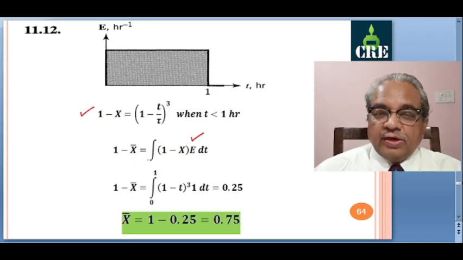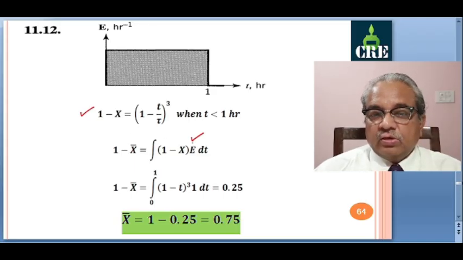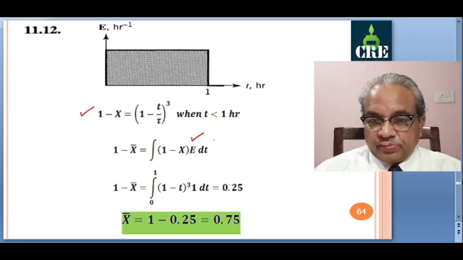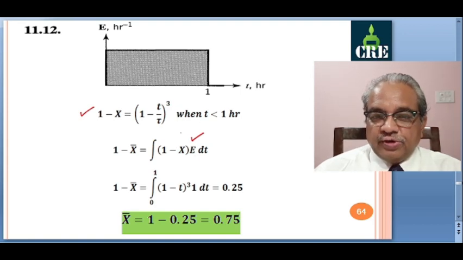We have to integrate this 1 minus x into E dt to get 1 minus x bar. This is the same thing as we have done. Ca bar by Ca0 is equal to integral of Ca by Ca0 into E dt, from 0 to infinity, complete range.